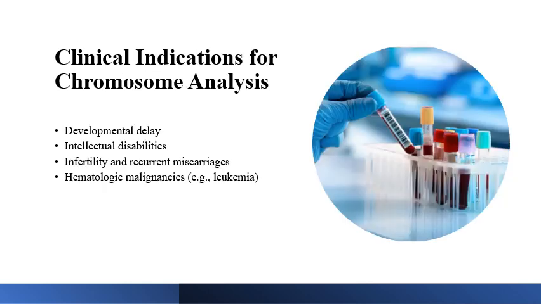Chromosome analysis is performed for several clinical indications, and these include developmental delays, intellectual disabilities, infertility, and recurrent miscarriages. It's also used in diagnosing different hematological malignancies, such as leukemia, where specific chromosomal abnormalities often indicate prognosis and guide treatment.